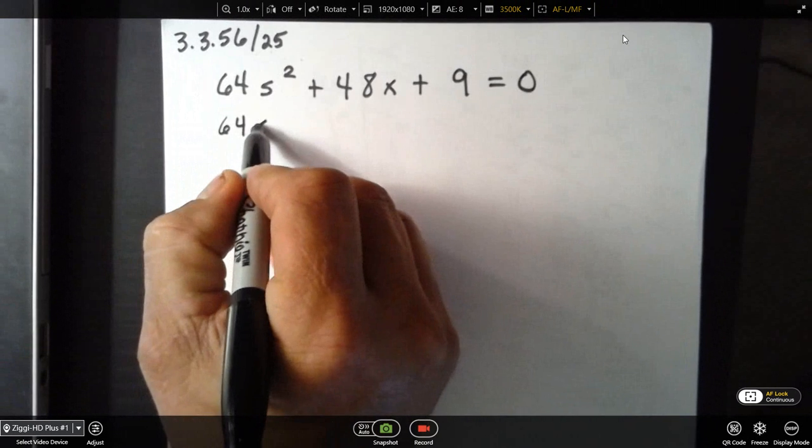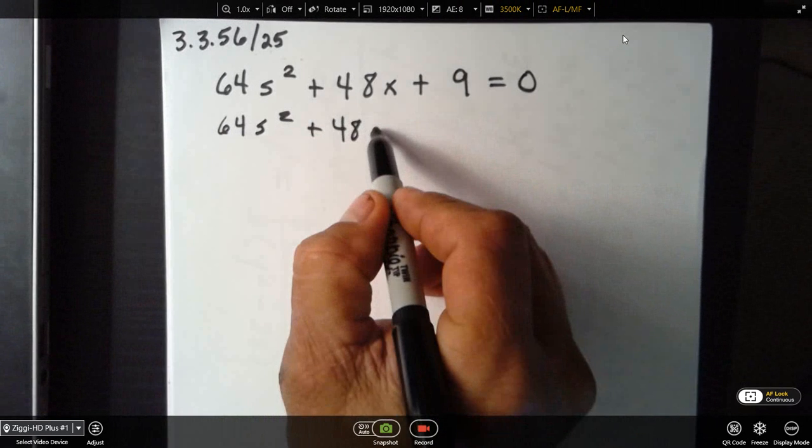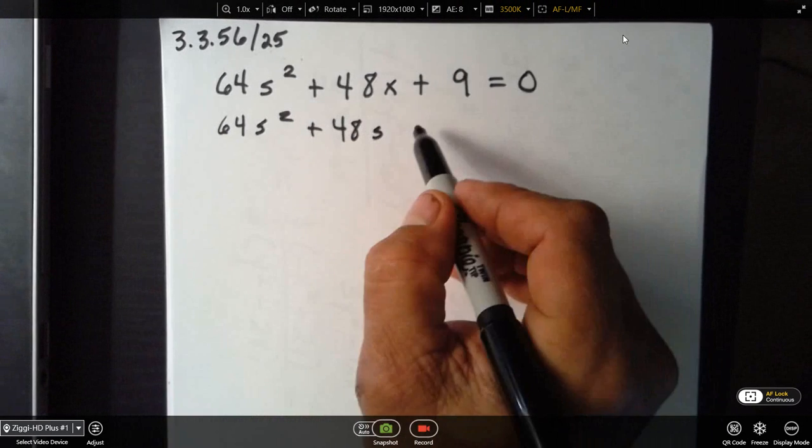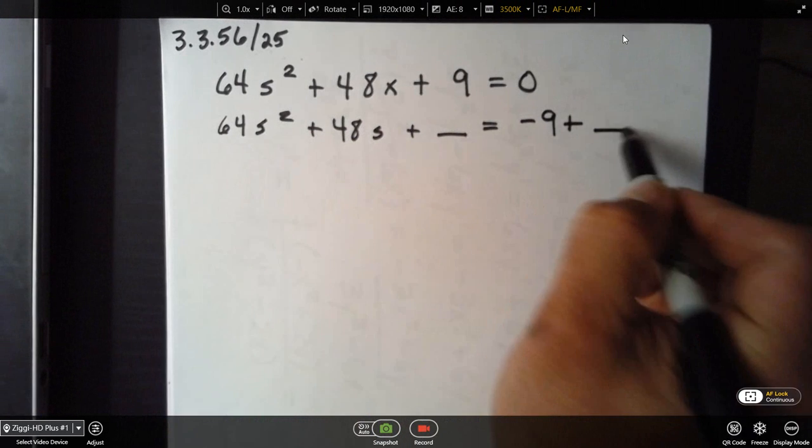64s squared plus 48s, doesn't matter what you put, plus blank is equal to -9 plus blank.